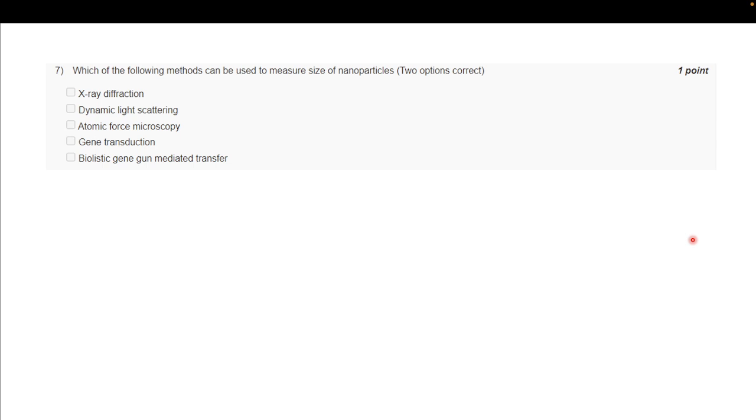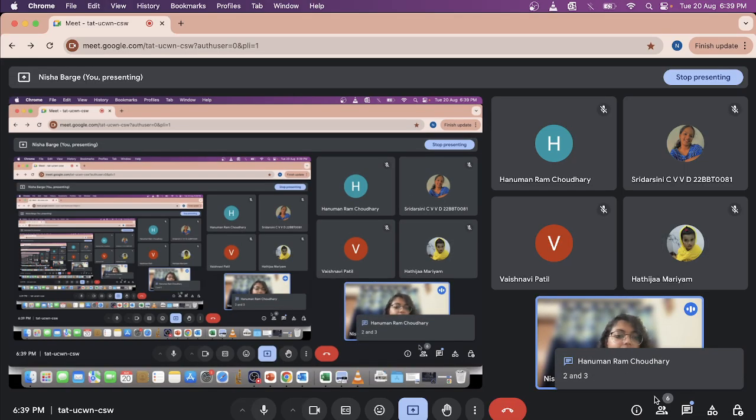The next question is, which of the following methods can be used to measure size of nanoparticles? And we have two correct options here. Any guess? Anyone wants to volunteer? Second and third, that is dynamic light scattering and atomic force microscopy. Okay, we have one answer.